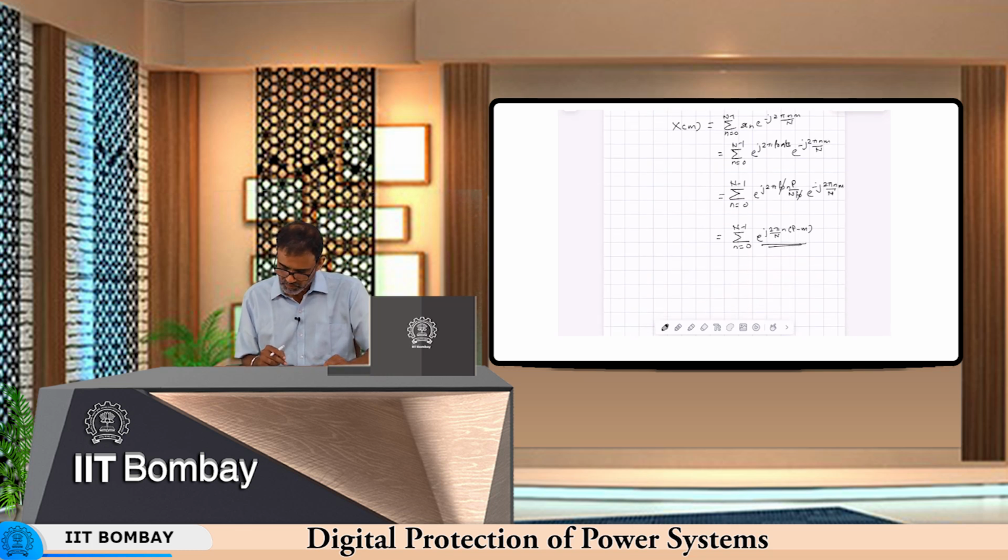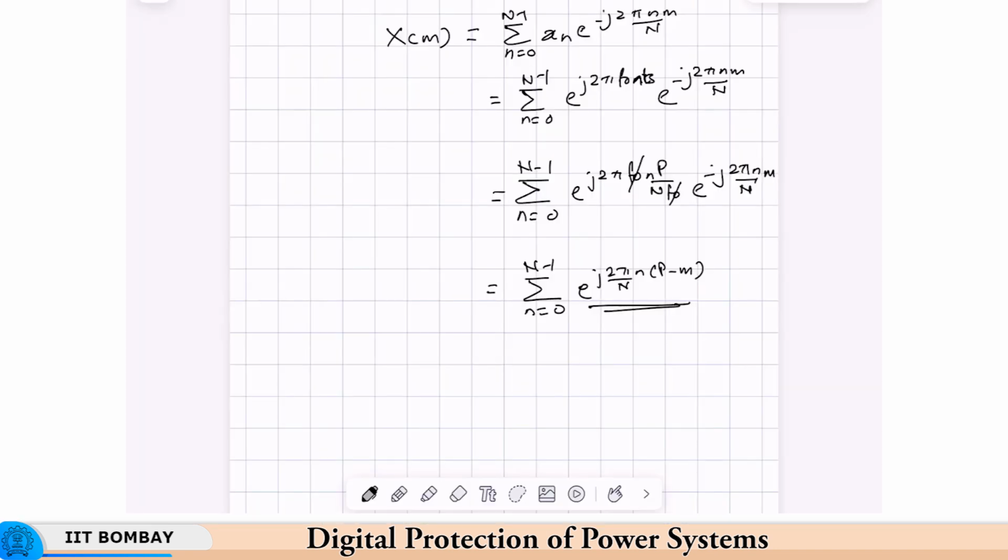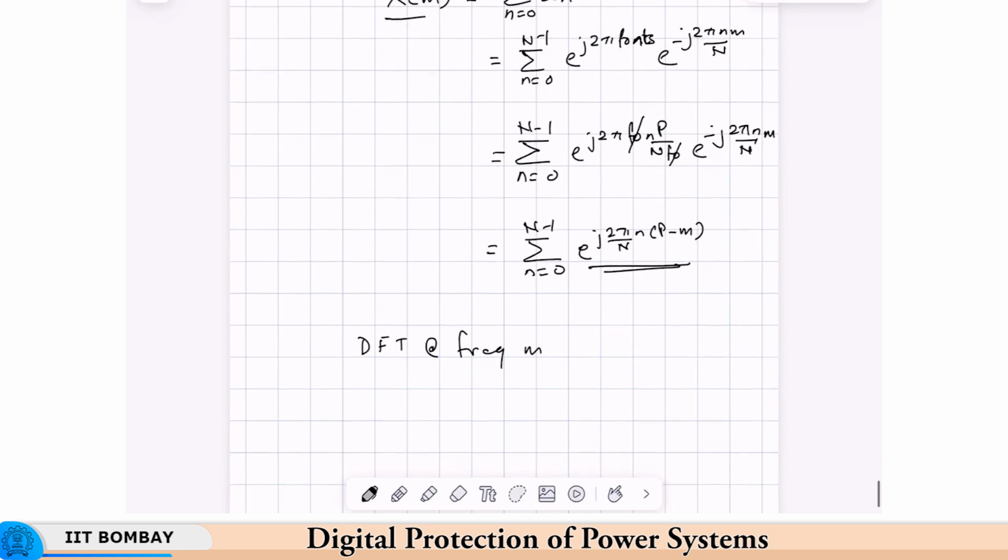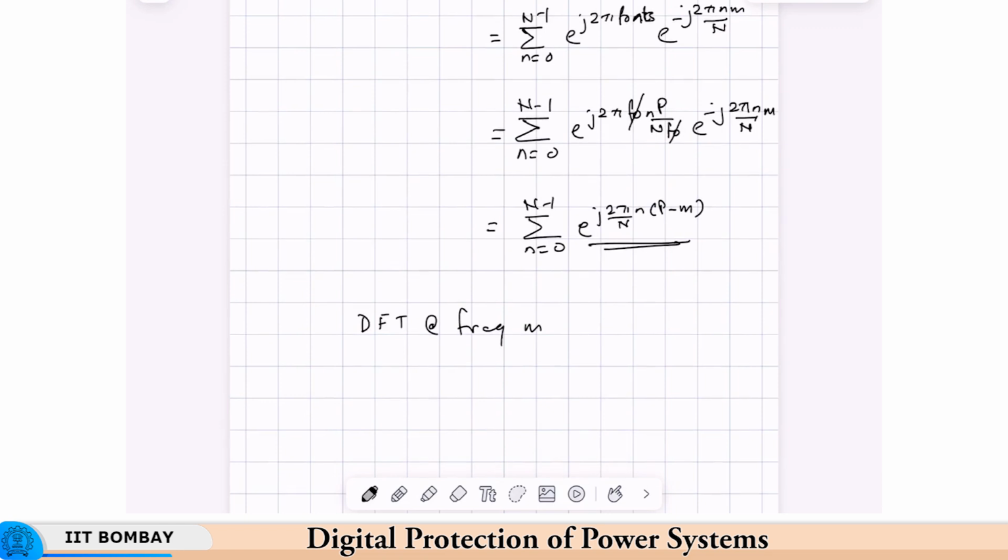Now, we will work on this and simplify this a bit further. This is X of m, so DFT at a frequency m. We are computing DFT at frequency m. So, what is the resolution on m? What does m equal to 0 imply? m equal to 0 is a DC signal.